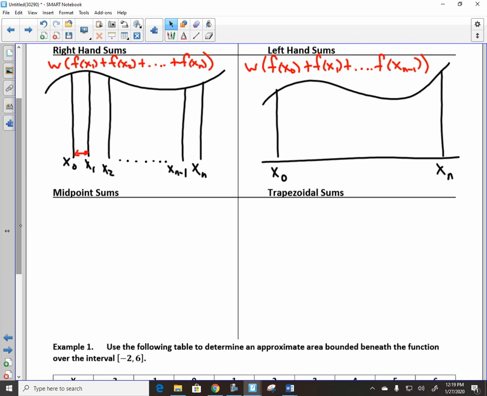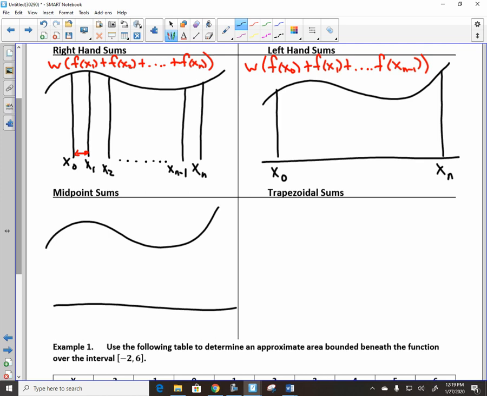Then we have this thing called midpoint sums. Midpoint can be a very accurate estimation. x sub 0, x sub n.